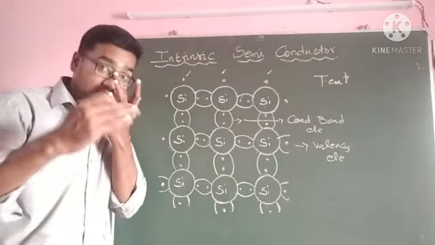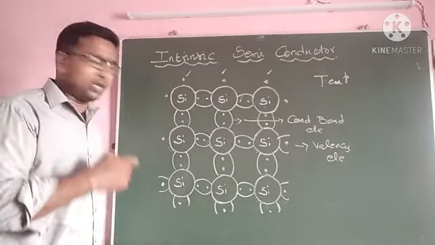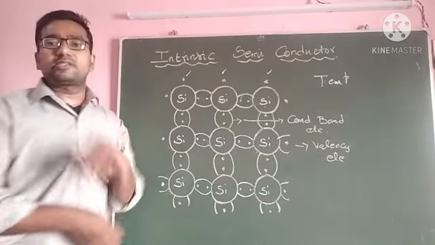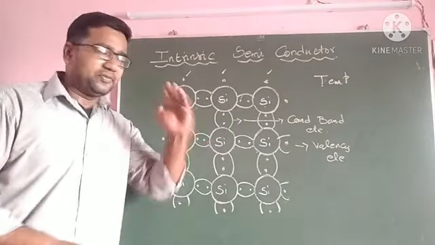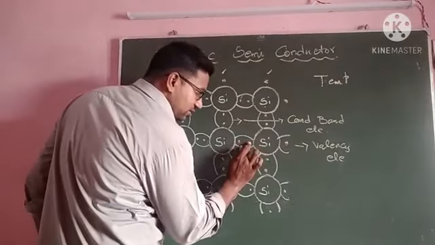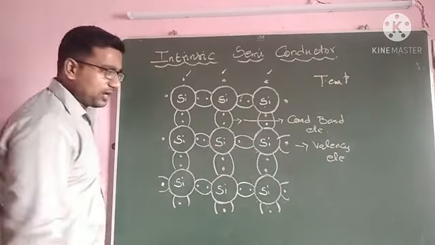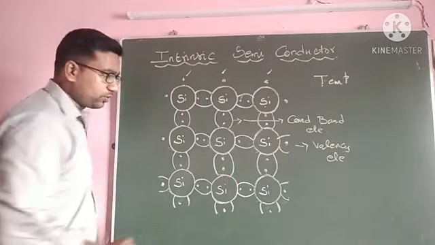If you raise the temperature value, a few electrons break the covalent bond structure and move from the valency band to the conduction band. When the electrons move, the bond will be broken.